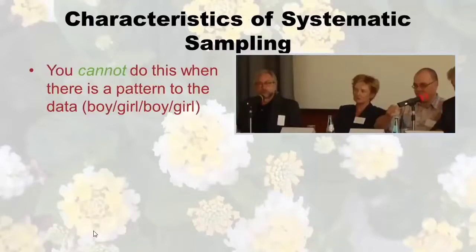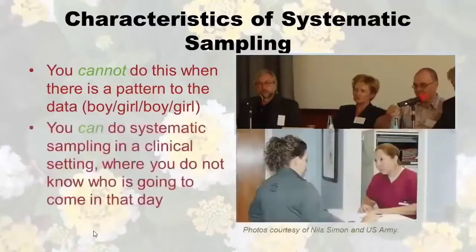Because if it always saves up the sexually transmitted disease assays and runs them all on Friday, and I'm sampling from every Friday, that's all I'm going to get, right? That's actually called periodicity. You don't have to remember that. I don't think I've ever even seen that written. I just remember my lecturer in my class telling us that that's what you have to worry about with systematic sampling. It's not a real common problem though.